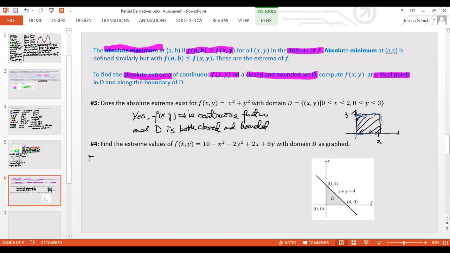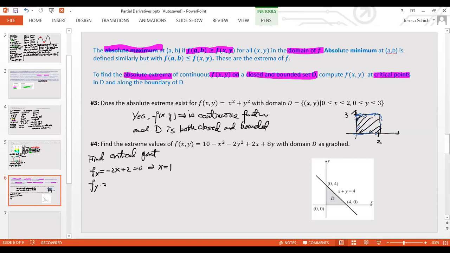First thing, just like in Calc 1, I need to find the critical values. The partial derivative f sub x is negative 2x plus 2, set equal to 0. This is pretty easy. x equals 1.